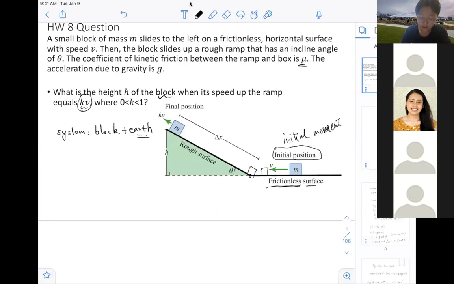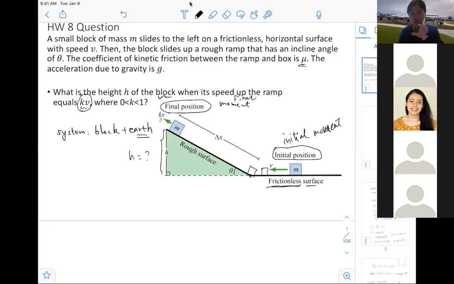Finally, which would be our final moment? The picture indicates there's a final position that we're interested in. At this final moment, the box is at a particular height h, and we want to find what h is. The box also has a speed kv.